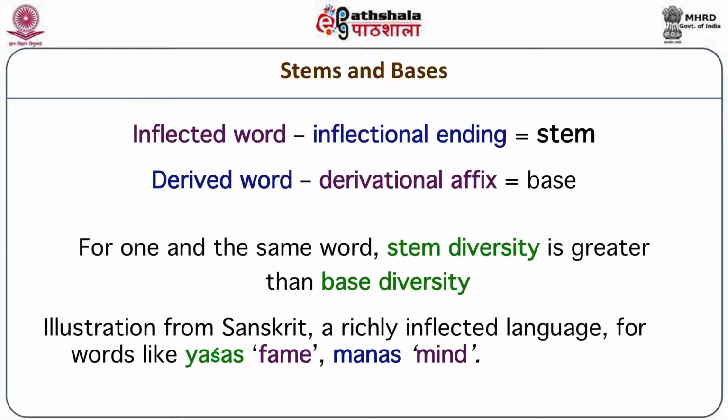The stem in an inflected word is that which remains when you subtract the inflectional ending. The base in a derivative or a derived word is that which remains after you have subtracted the derivational affix. What does this mean in practice?